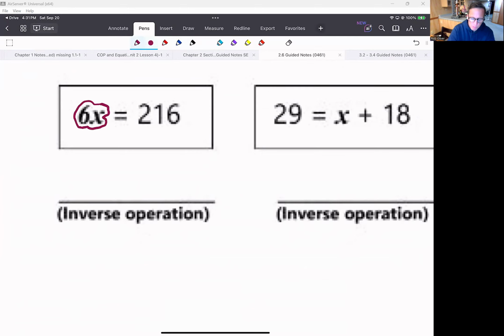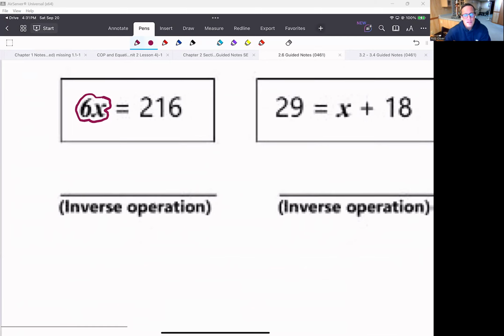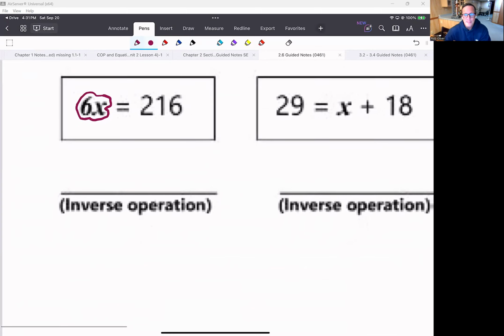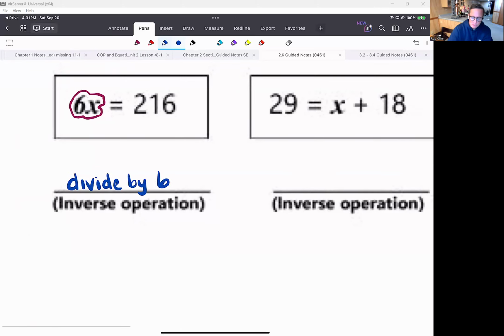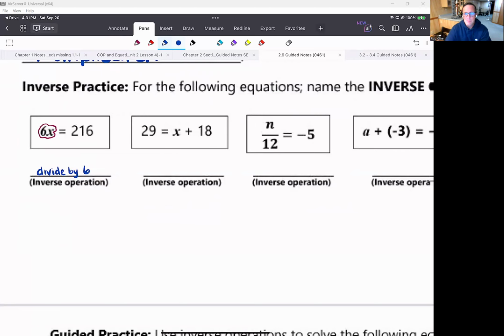Notice multiplication is going on there: 6 times a number, 6 times x. The inverse of that would be division, so we would divide by 6. I'm not really interested in solving these, just in naming the inverse operation we would use to solve it.